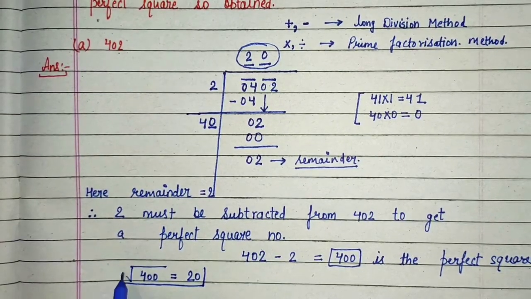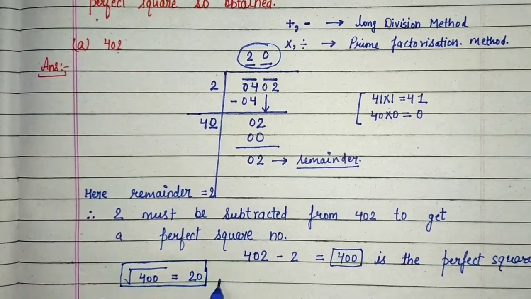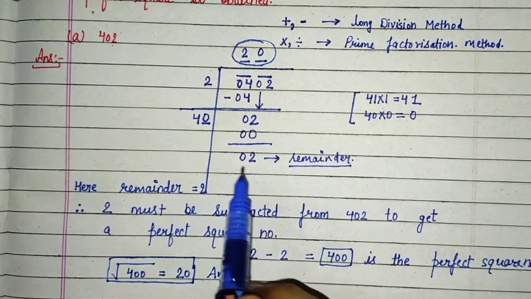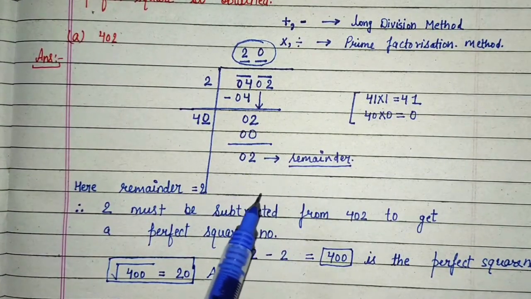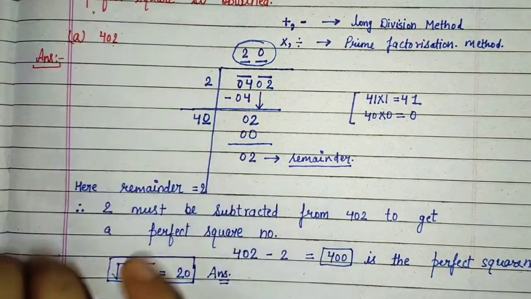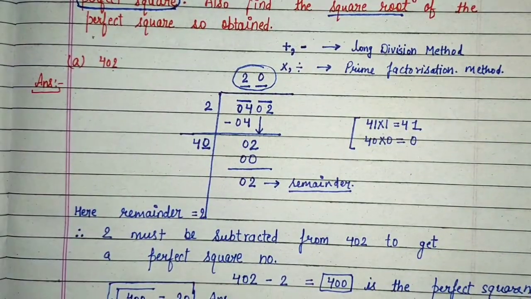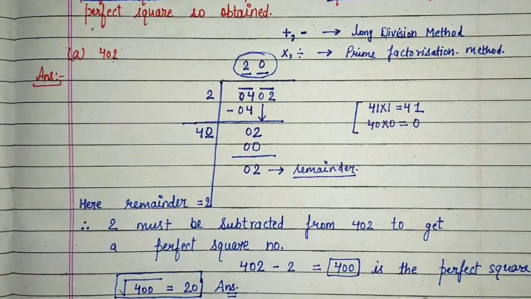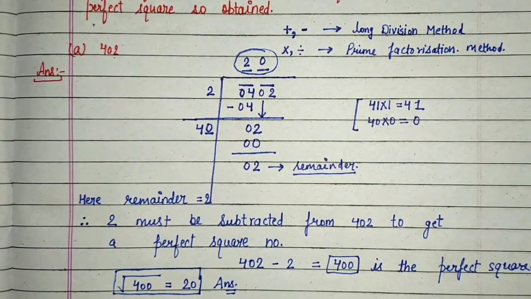This is our answer. First answer: this remainder 2 must be subtracted, so the least number that should be subtracted is 2. The next answer is the square root of the perfect square. This is the perfect square number 400, so the square root of 400 is 20.